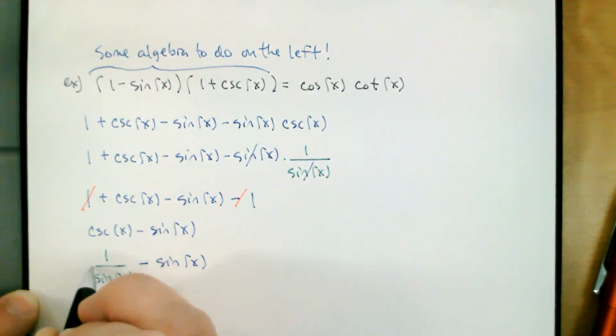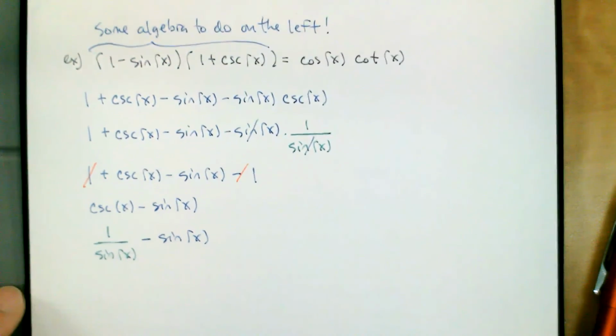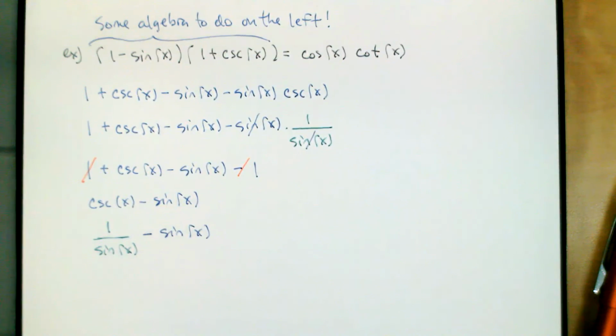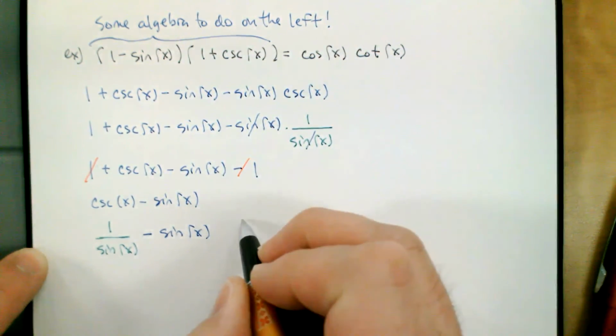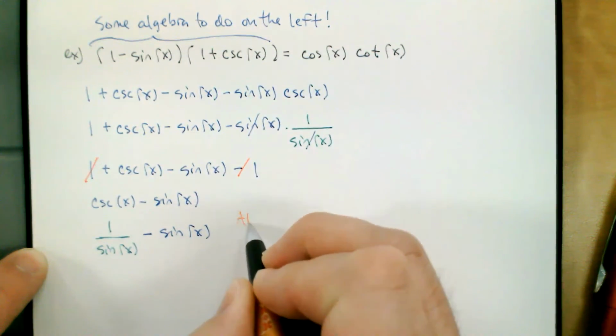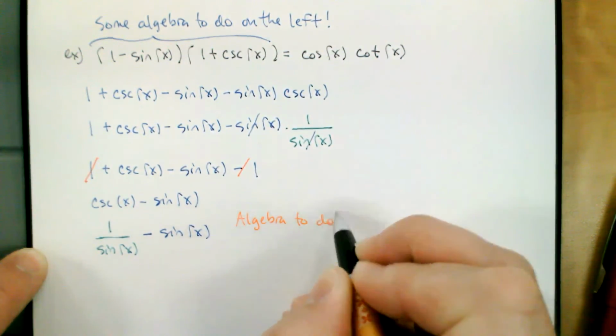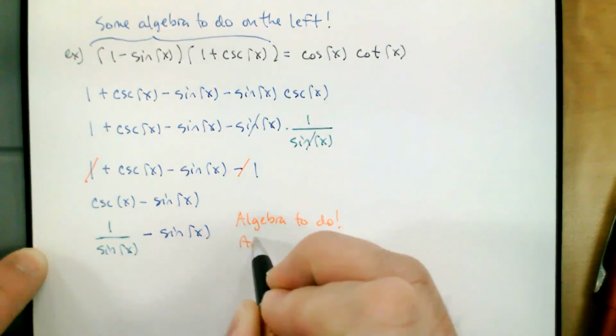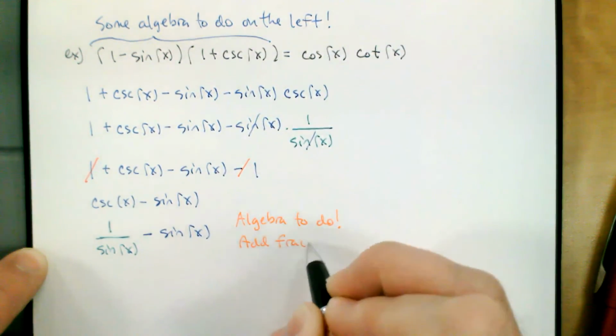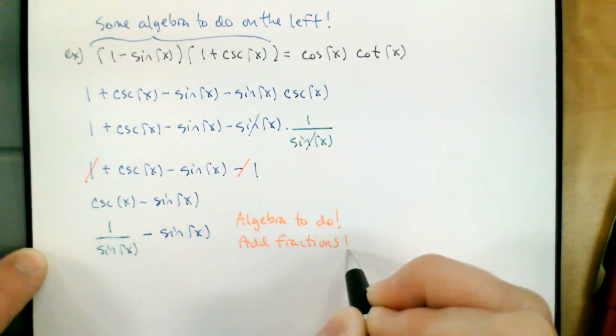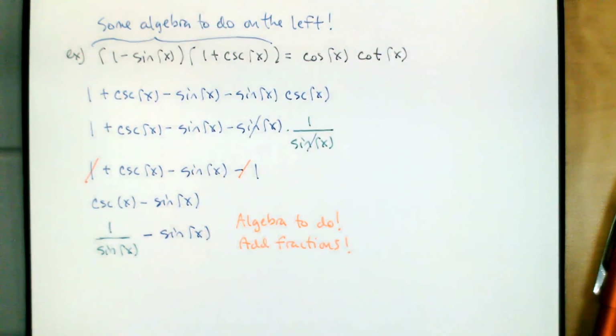So write everything in terms of sines and cosines and see if that gives you something to do. And here it does give us something to do. Now I've got a fraction minus sine x. I have an algebraic thing I can do. That algebra thing to do is to add fractions.